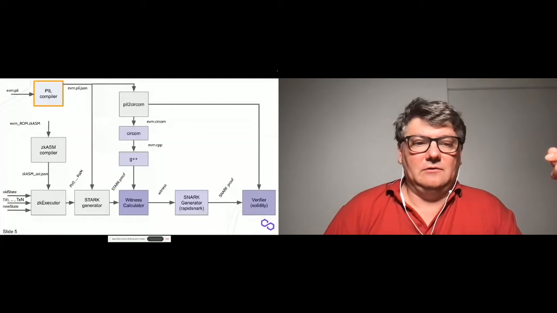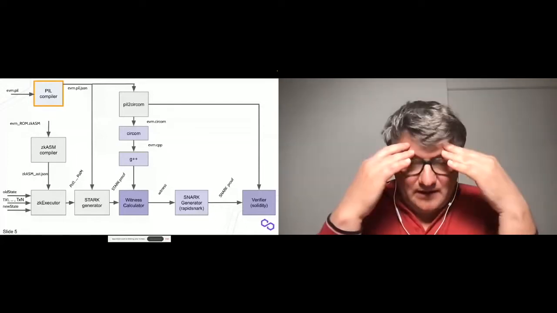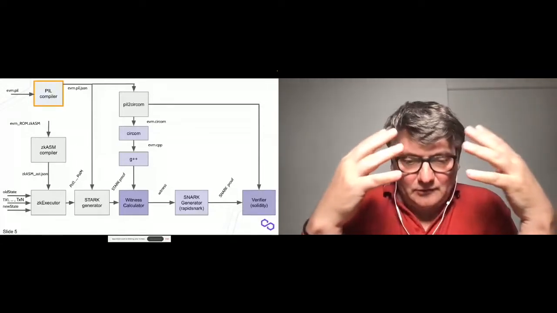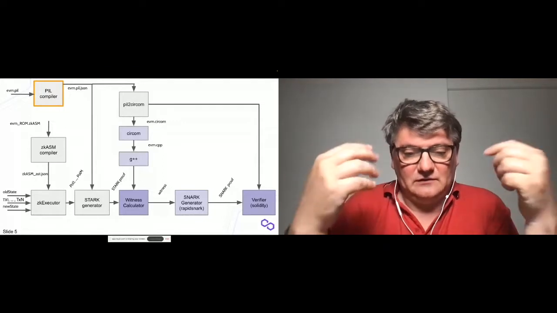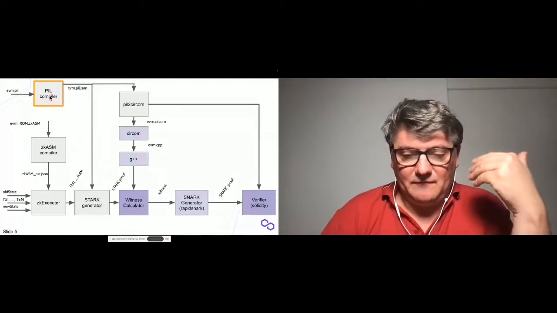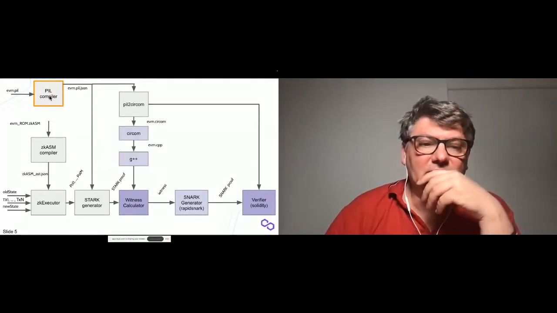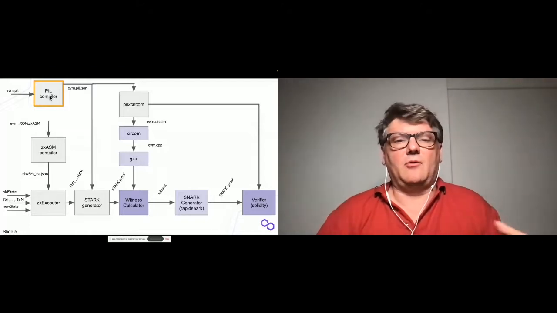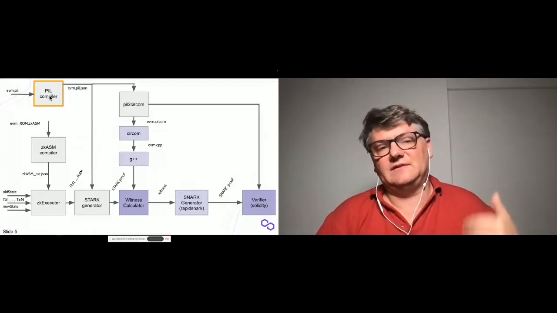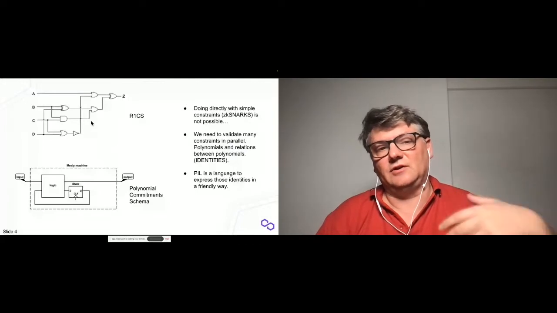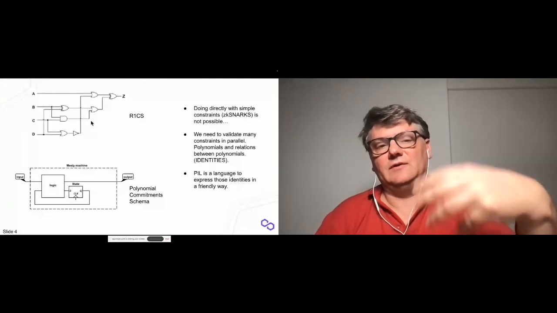PIL is mainly about building state machines. So the idea of building this proof is a little bit different from when we're using an R1CS system. In an R1CS system, we have a circuit where we have signals, and then we have relationships between signals.